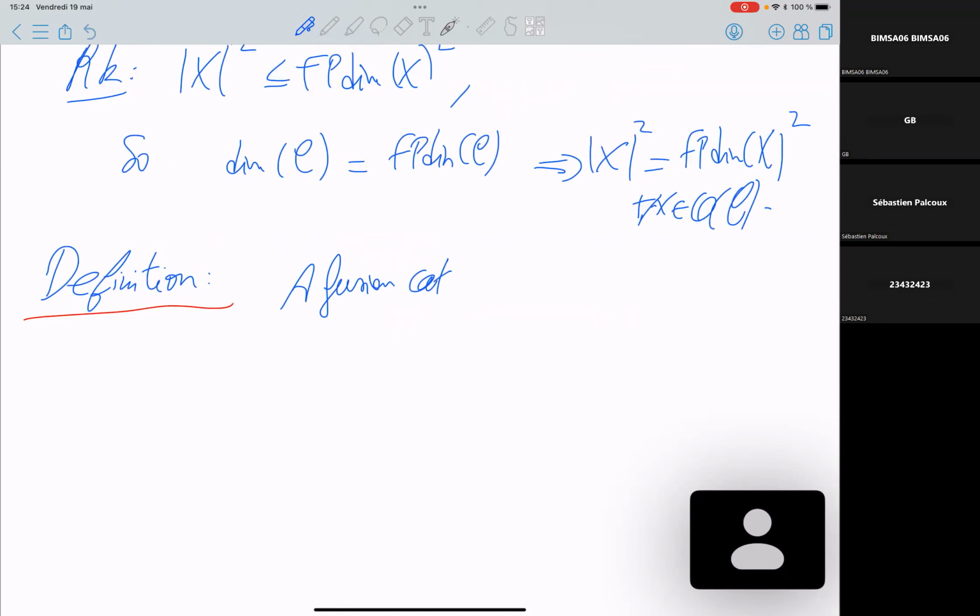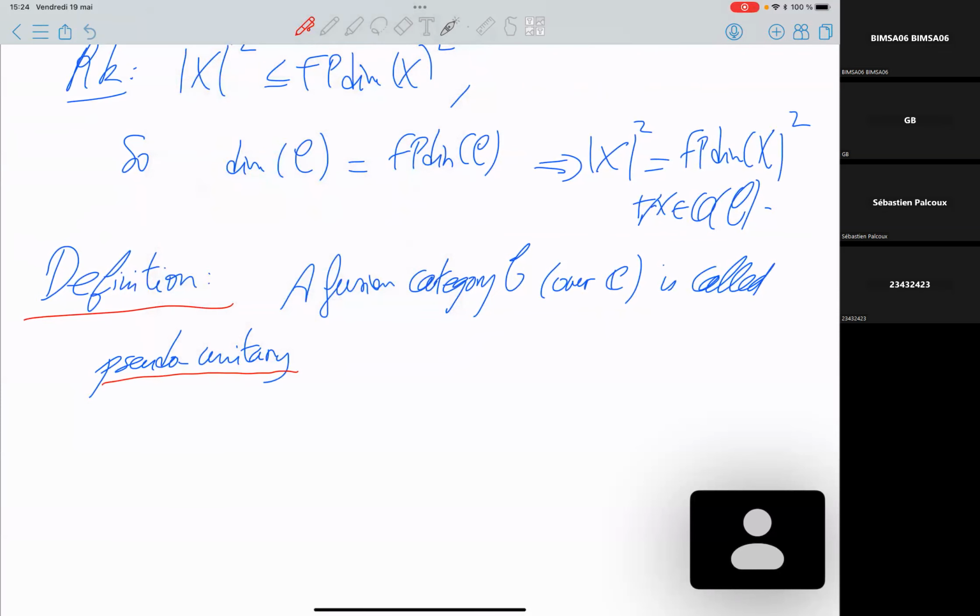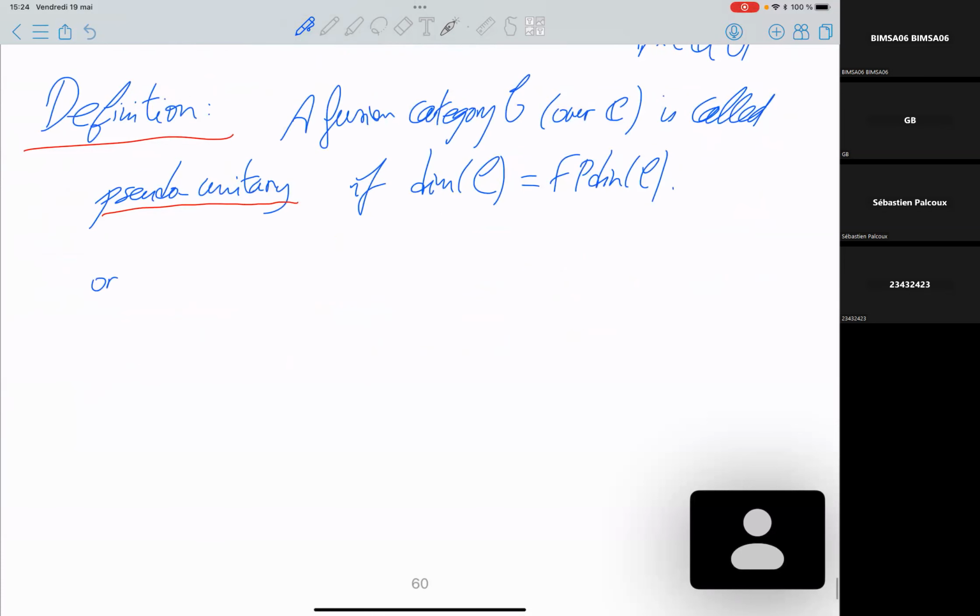The fusion category C over the complex field is called pseudo-unitary if the categorical dimension equals the Frobenius-Perron dimension of C, or equivalently, if the square norm of any simple object equals the square of the Frobenius-Perron dimension.